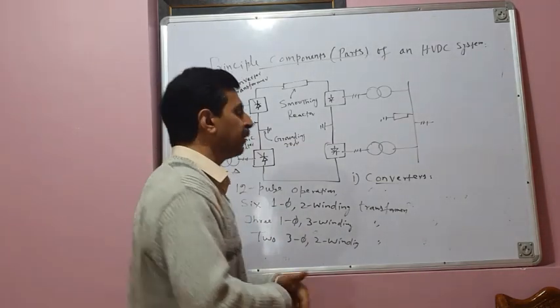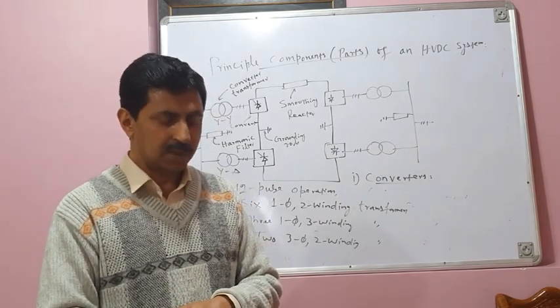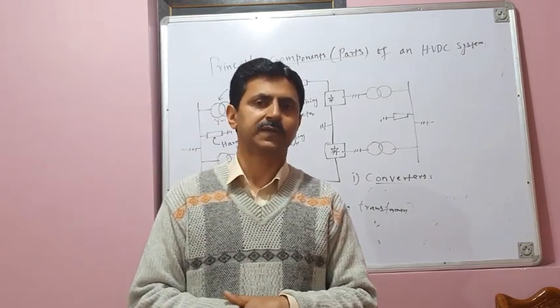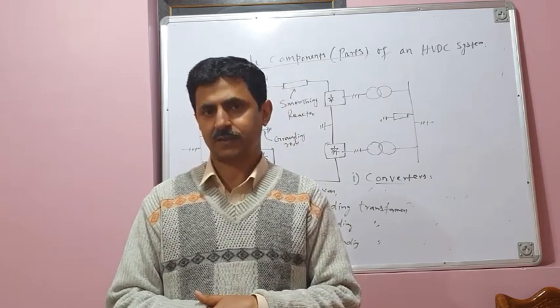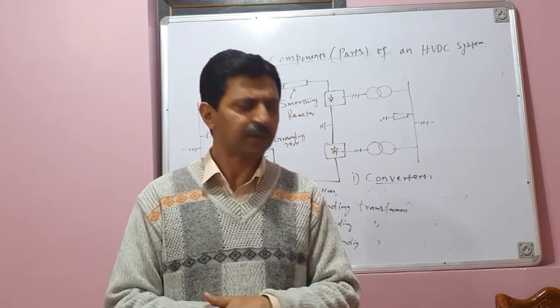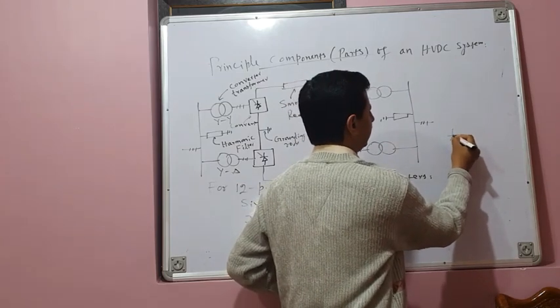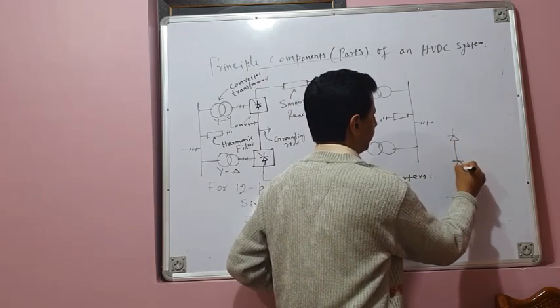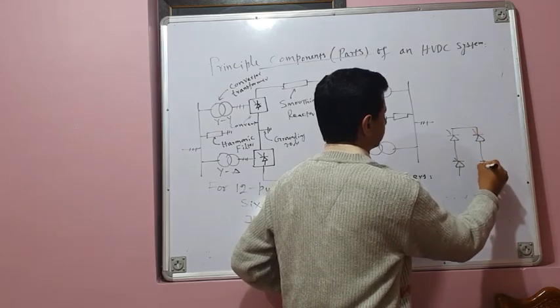Now, as far as the converters are concerned, as you know, they are basically bridge converters. They comprise thyristors or SCRs. How many SCRs will be there in one converter? If you take one converter and draw the 3-phase 6-pulse converter, for example, it looks like this.